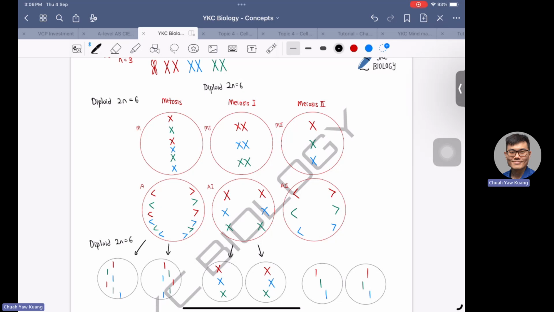So the daughter cell is now a haploid cell, where n equals 3 only. It only contains 3 chromosomes, half of the number of the parent cell.